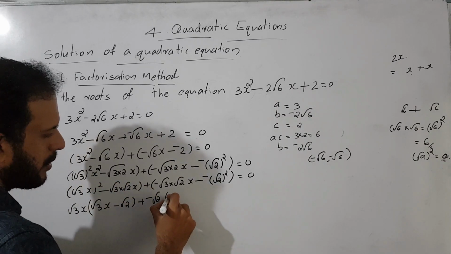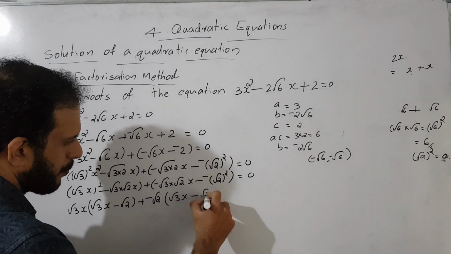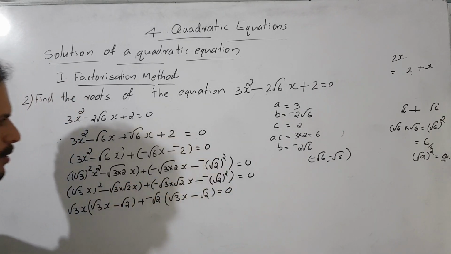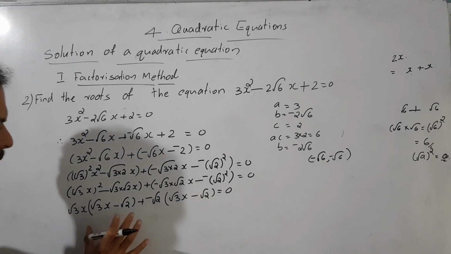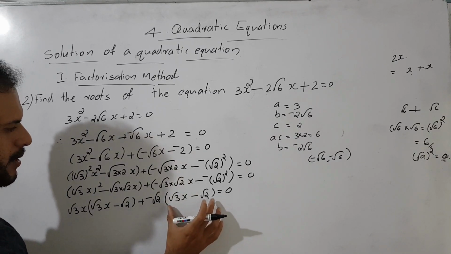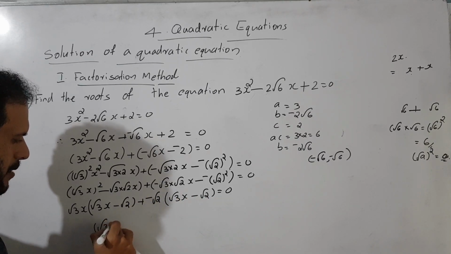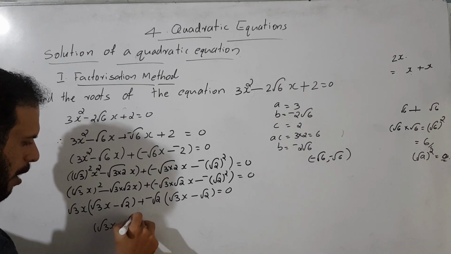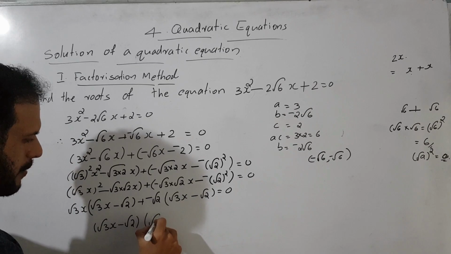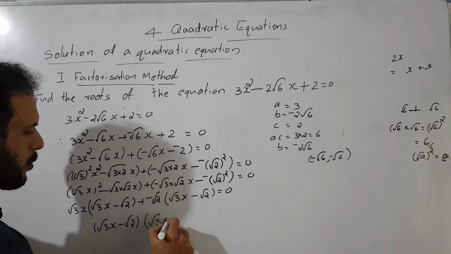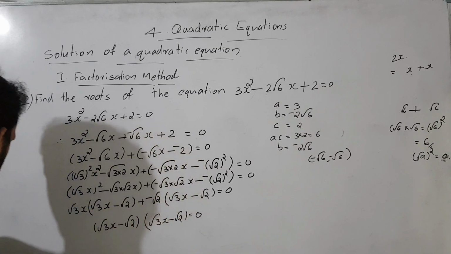Then √3x minus √2 is equal to 0. Okay, now in the bracket what is common? √3x minus √2 is common, so we take it out. √3x minus √2 out into, what is remaining? √3x minus √2, same as minus √2, is equal to 0.